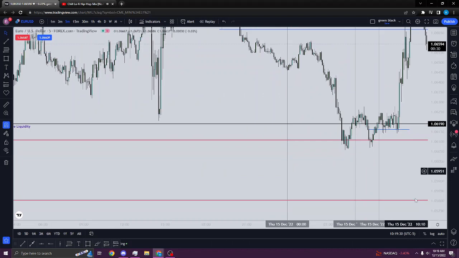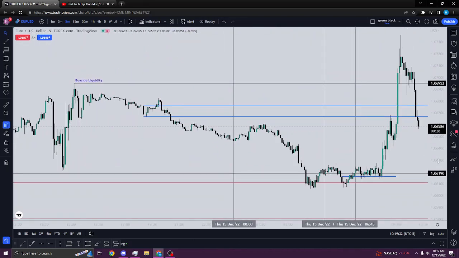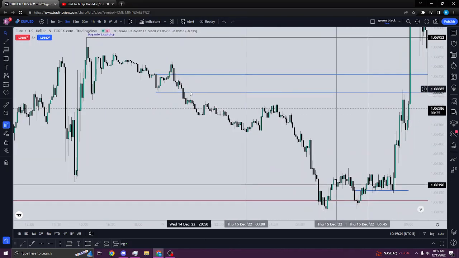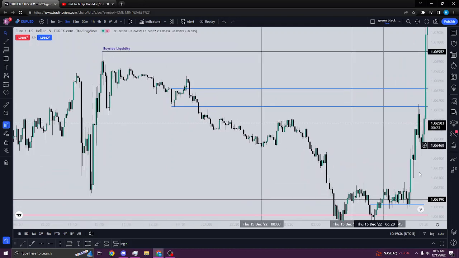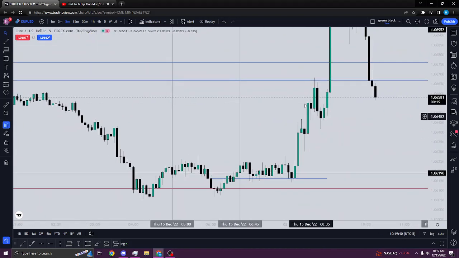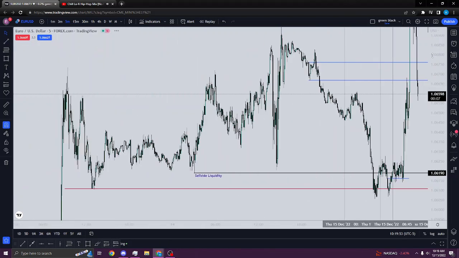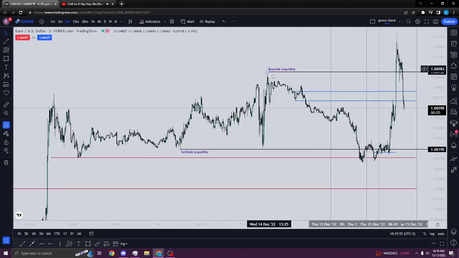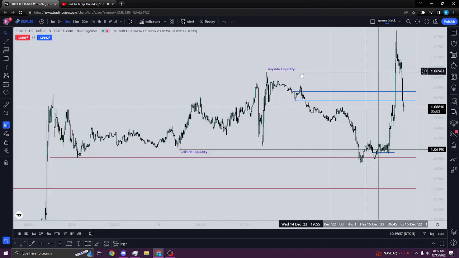And from that H1, we already put those levels that we think that we can hit here, and the buy side liquidity, right? As you see, we got a nice rally, went straight to that bullish order block, gave a little retracement, retraced into a fair value gap, and then obviously went for that buy side liquidity.